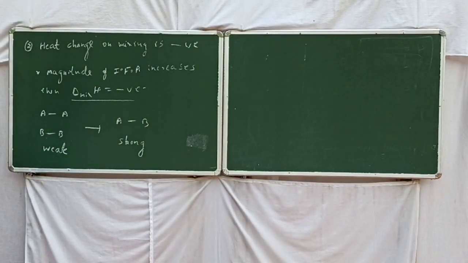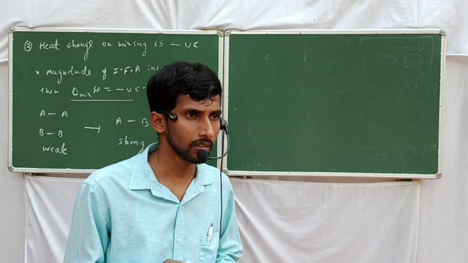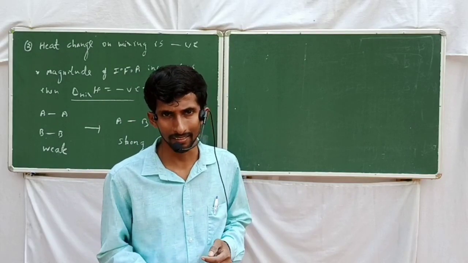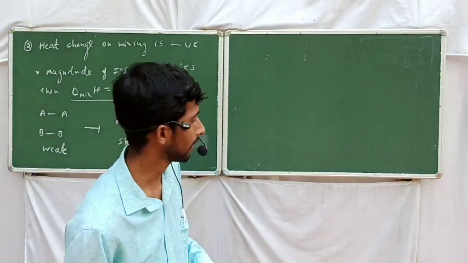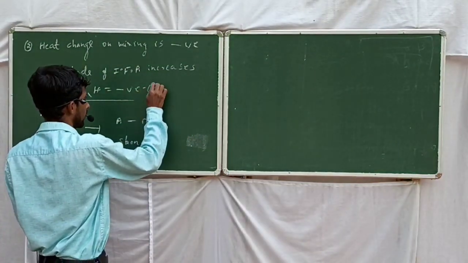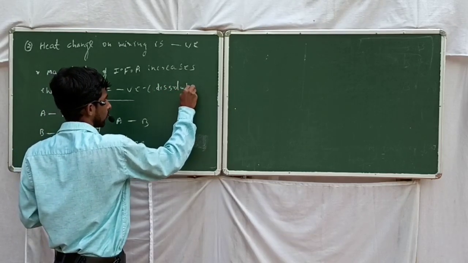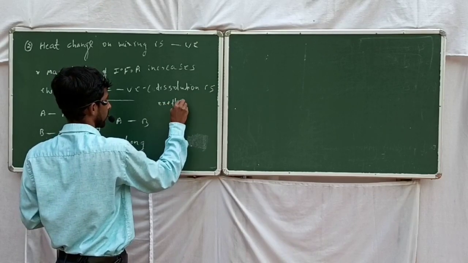Okay, remember one point. In the solution phase, upon mixing two components, if magnitude of intermolecular forces of attraction increases, then that dissolution process is exothermic. That means delta H mix is equal to negative. You can write dissolution process is exothermic.